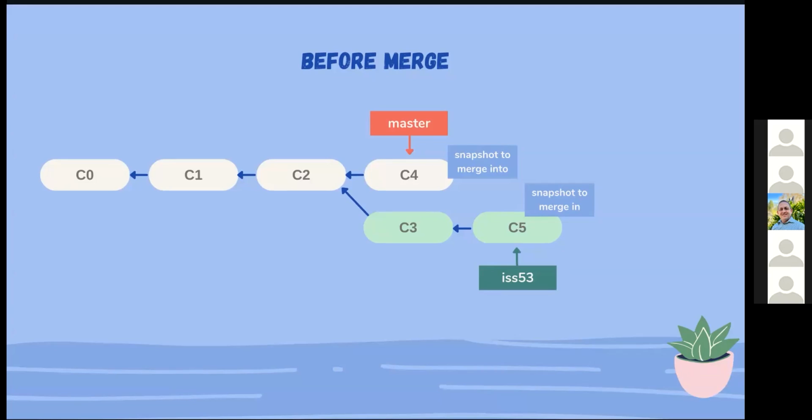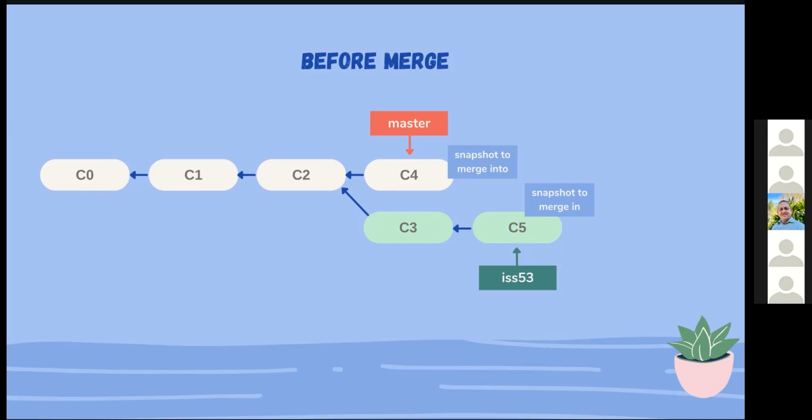So it's a non-linear history. The way Git will handle this is, if you're on the main line of development and you say git merge issue 53, it's going to create a brand new commit, C6 here, and that is going to include both C4 as well as C5. So three-way because there's a new commit.